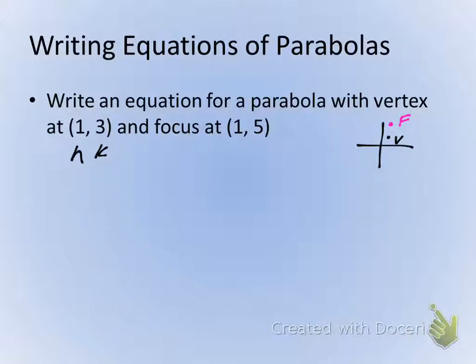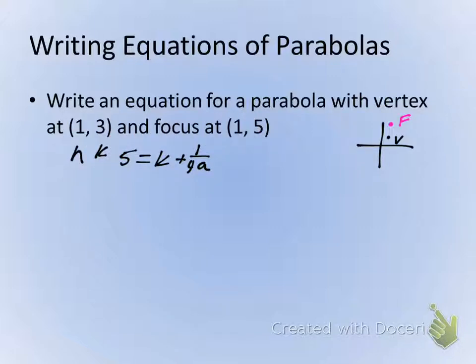Up. Good. You know this parabola opens up, which means it's a y equals, which means when you write this out, the focus equation you want is k plus 1 over 4a, and it's going to equal 5, because the x coordinates are the same. See that?